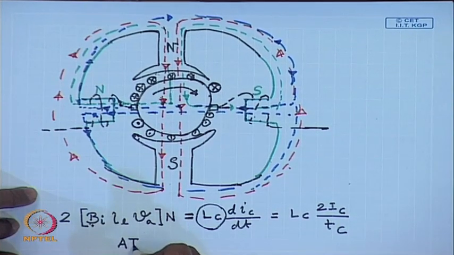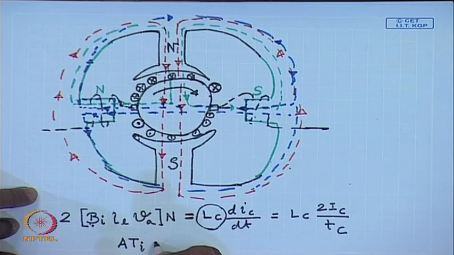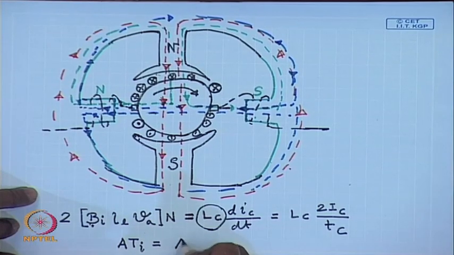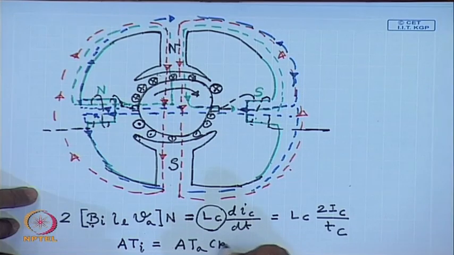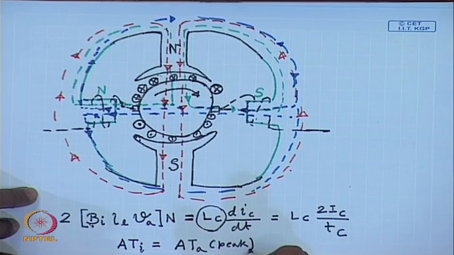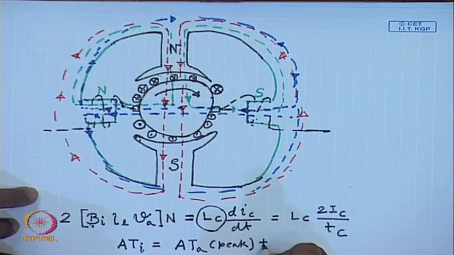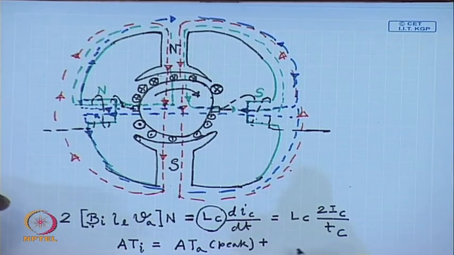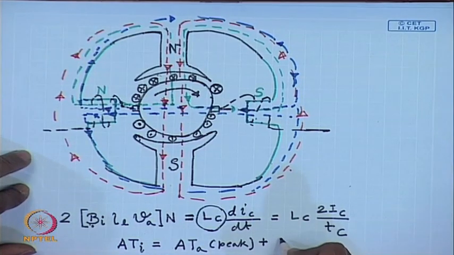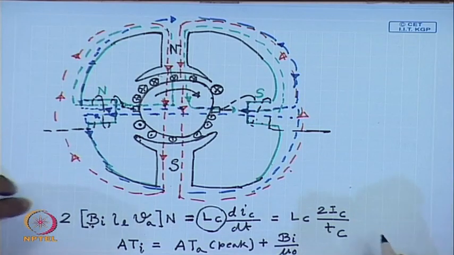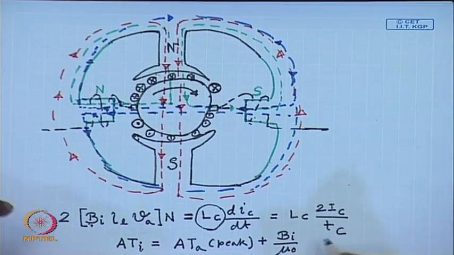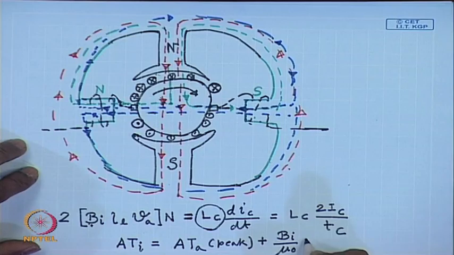Ampere turns of the interpole should be equal to peak armature reaction ampere turns plus the ampere turns required to generate a flux density of Bi at the interpole, if we neglect the ampere turns required to circulate flux in the core.